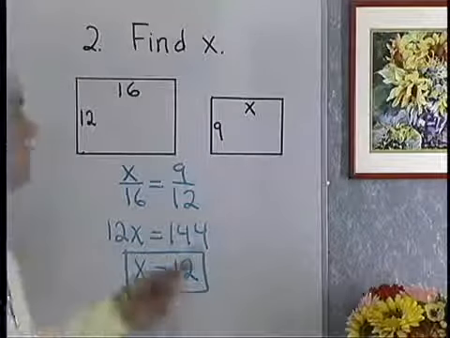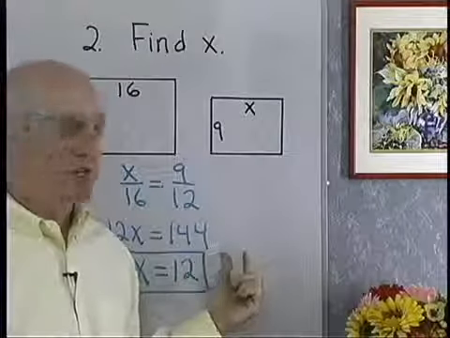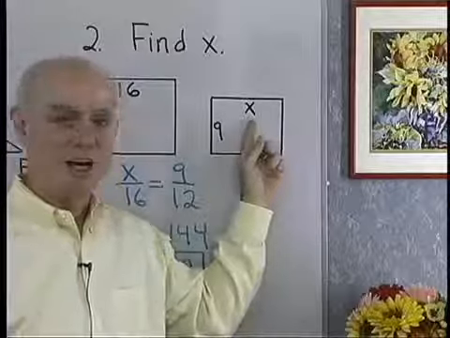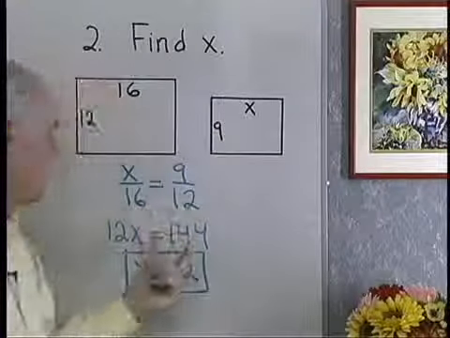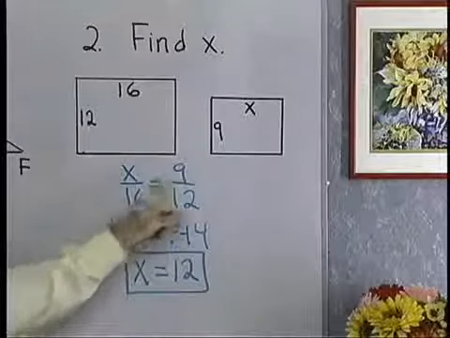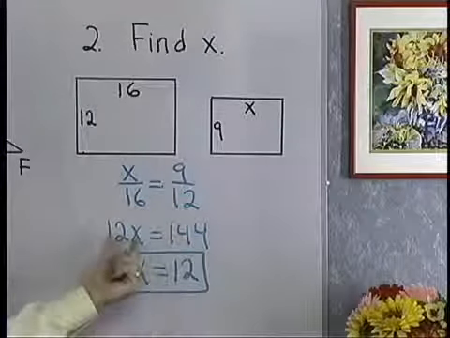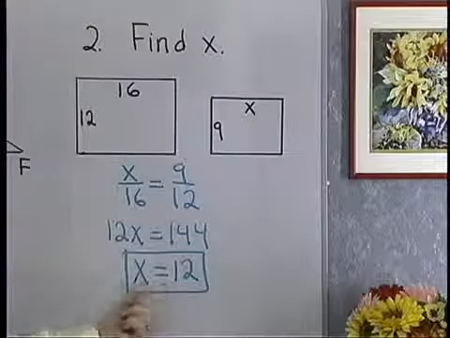So if these two rectangles are similar, then it must be true that X is equal to 12, because this side is to this side as this side is to this side. I set up my proportion, I use my means extreme property to multiply X times 12 and 16 times 9. That gives me 12X equal 144, and then I solve that to end up with X equal 12.